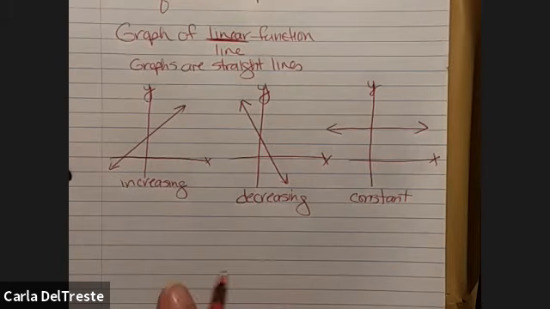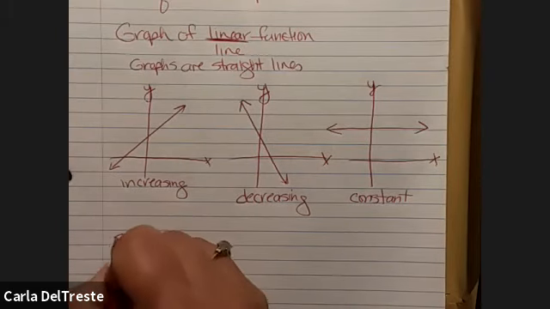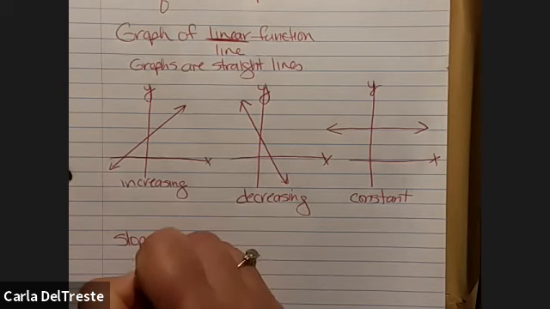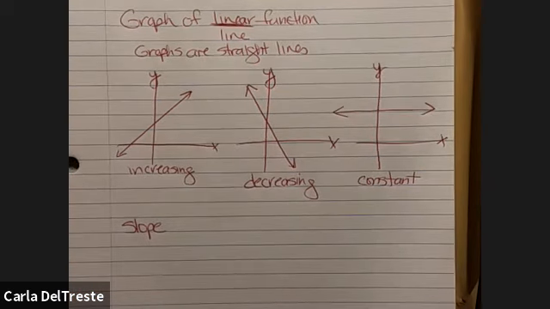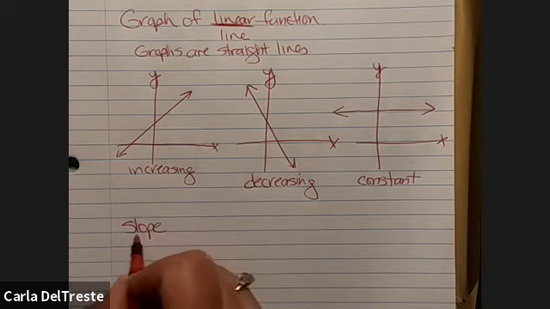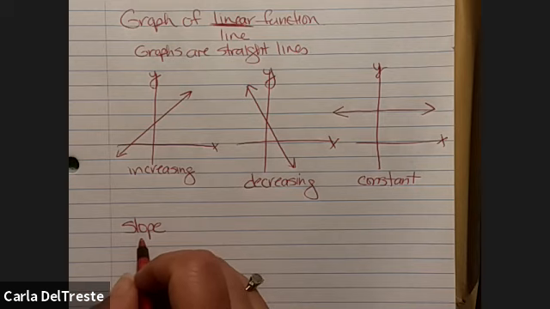And the concept of slope is the next thing we're going to talk about when it comes to lines specifically. Think about the word slope outside of math class. When I think of the word slope, I think about skiing. So what does that usually mean?